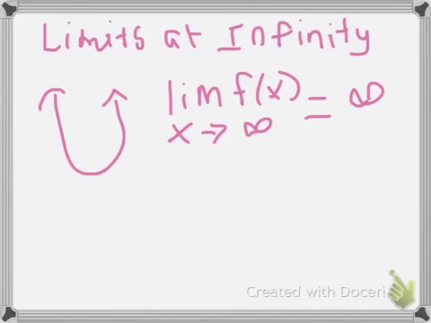So you're basically looking at the limit and determining if it stops, if at some point it approaches a number and doesn't go past it, or if it continues to go in a direction, say positive or negative infinity.